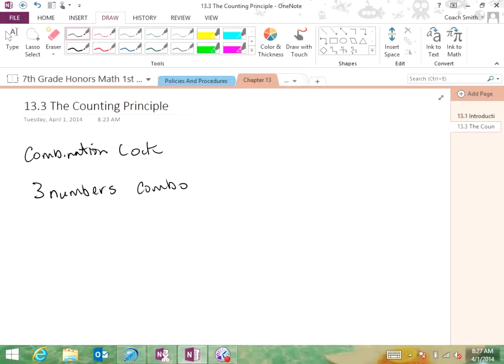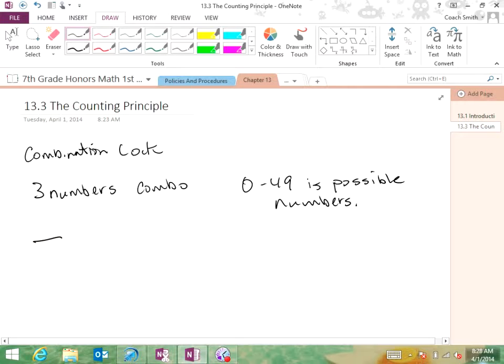So if 0 to 49 is the possible numbers, how many numbers is that for the first number of your combination?